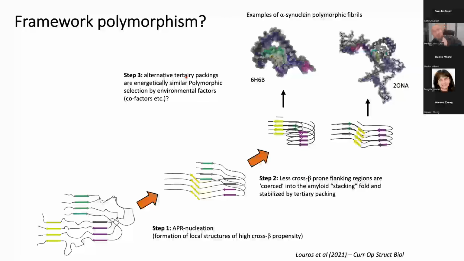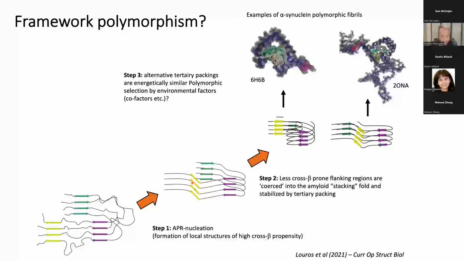So these analyses I've been showing you before, and the fact that you have some regions that are really always important in all polymorphs, to us suggests that maybe there's a sort of framework polymorphism, logic to polymorphism, so that APRs still are the important parts driving the assembly.